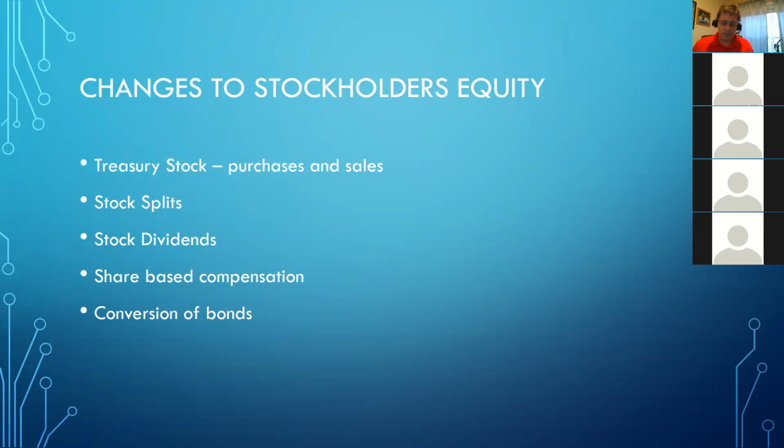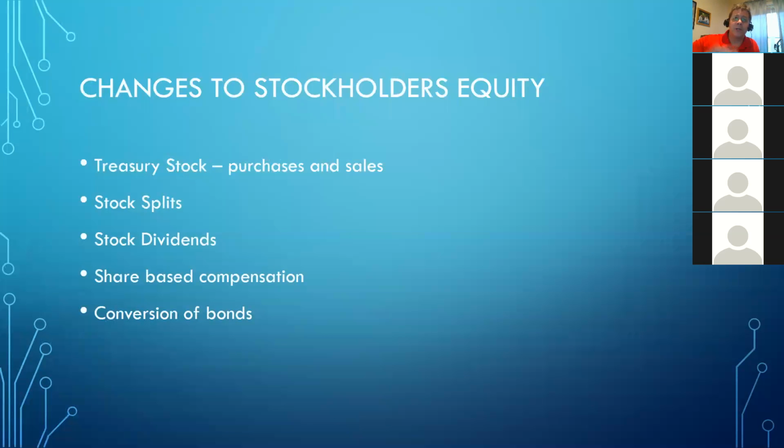Most companies do so using the cost method to account for their treasury stock. And then when you sell it, you're going to debit cash and credit treasury stock. Now be careful, you don't try to credit common stock. You credit treasury stock when you sell the shares you originally repurchased.